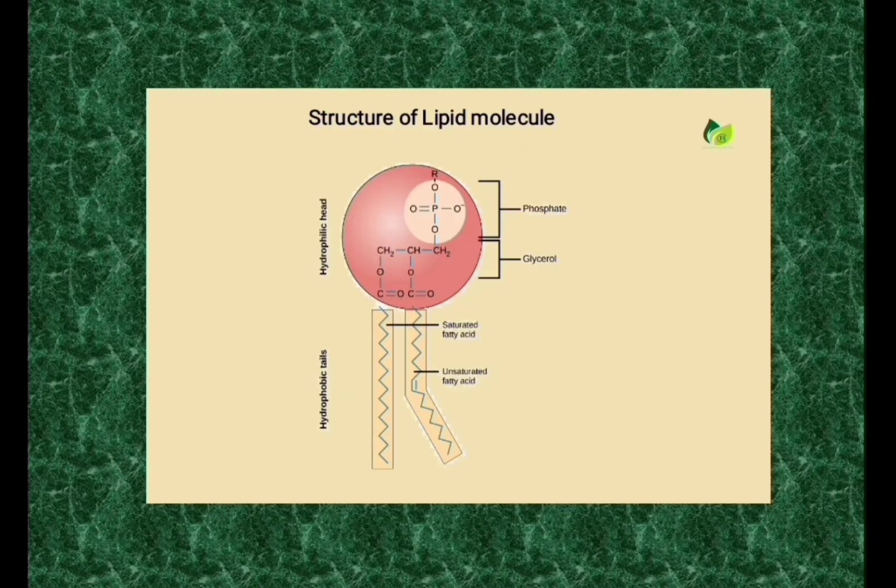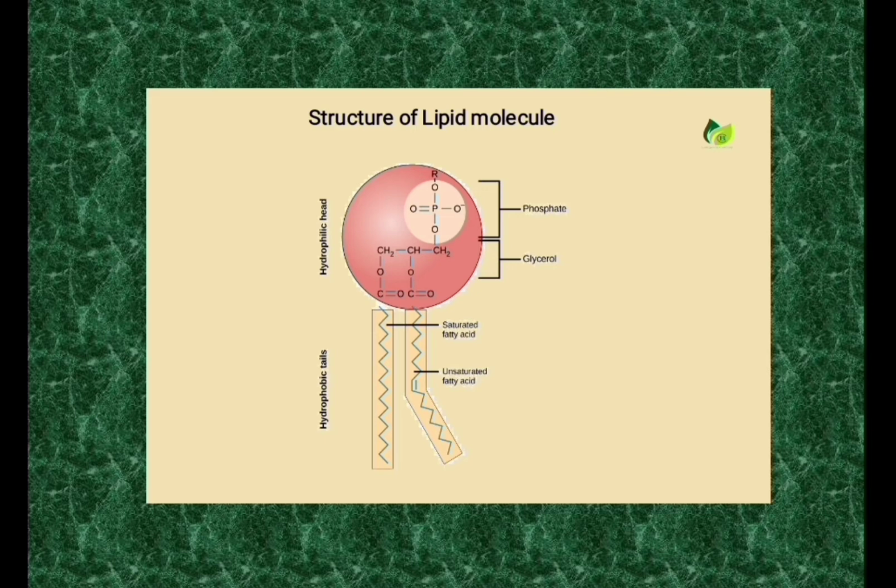Before going to the next model, you have to know one thing regarding the lipids of plasma membrane, the structure of lipids. Cell membranes are mainly composed of lipoproteins. As I told you before, the most common lipids found in the membrane are phospholipids, glycolipids and sterols. All of them are amphipathic, that means they have both hydrophilic and hydrophobic portions.